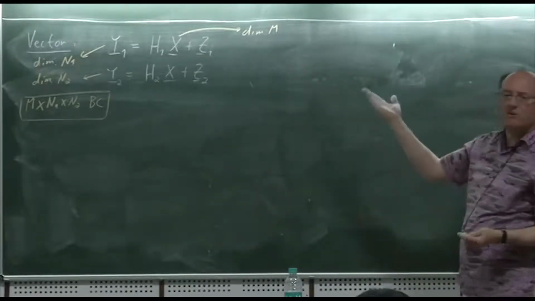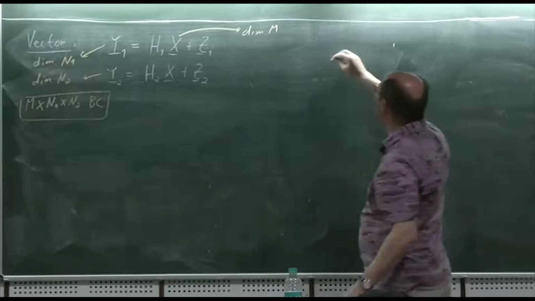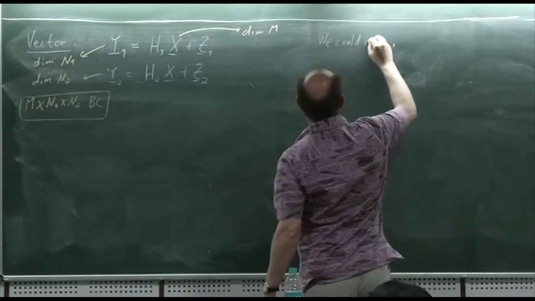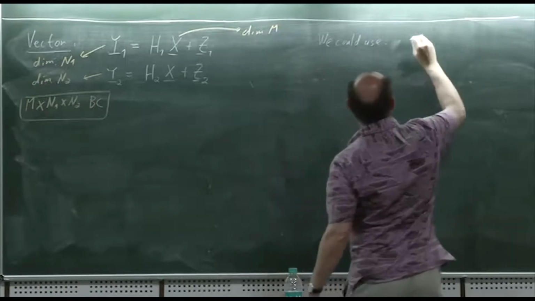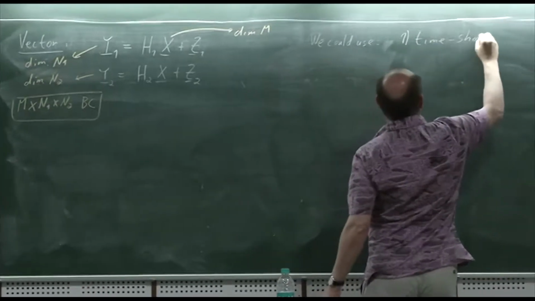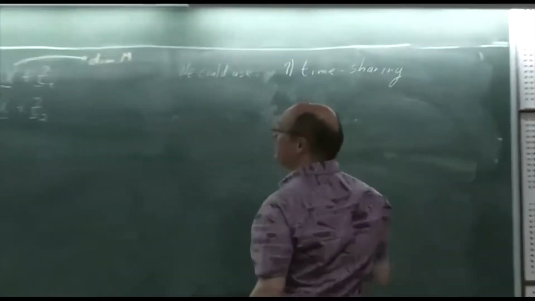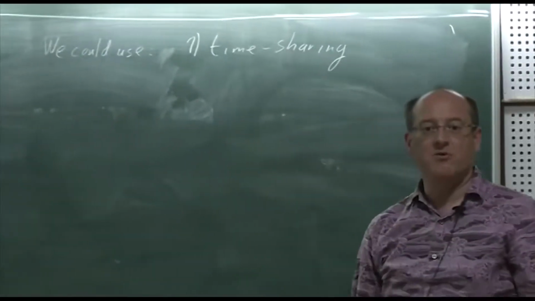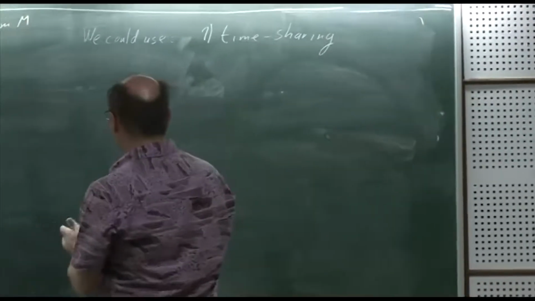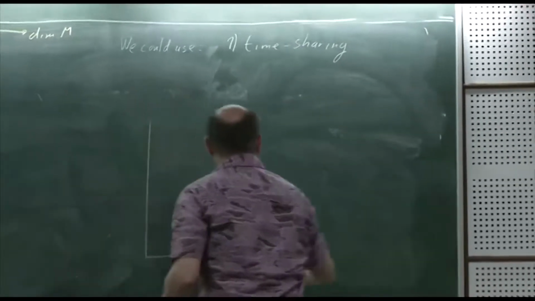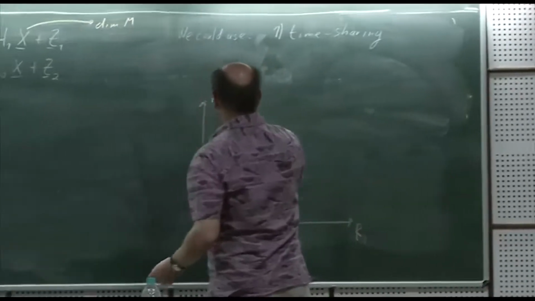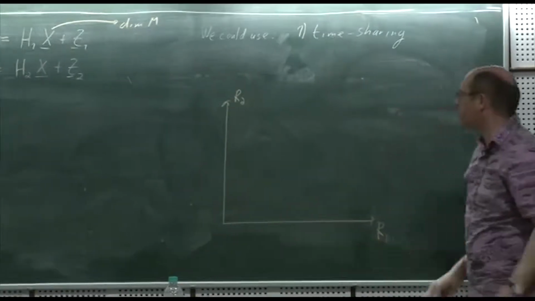So we could now do everything we've done up to now. We could choose time sharing. Okay, so how does time sharing work? Then we just have point-to-point MIMO channels twice, right? Using time sharing, maybe we can draw this. Let's suppose we just have R1 and R2, so 2 separate rates.